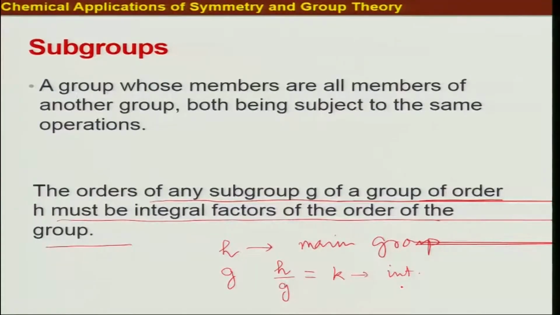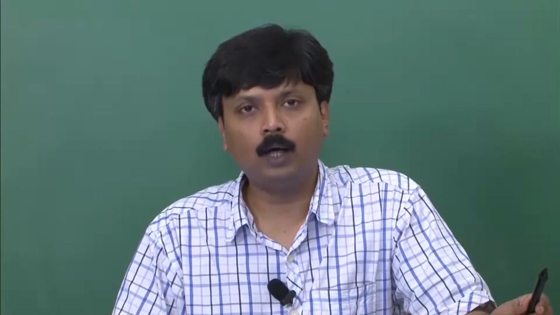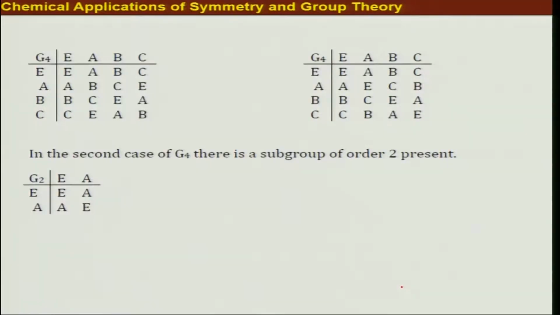If I have a group of order 6, then the subgroups that can actually be formed can have the order 1, 2 and 3. Out of that, 1 is the trivial example, 2 will be another one, and another subgroup that is possible has order 3.